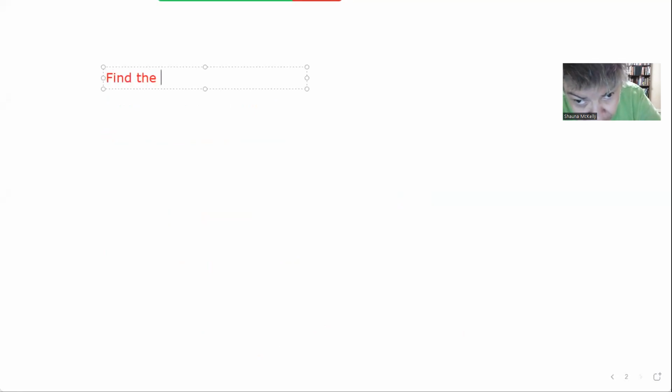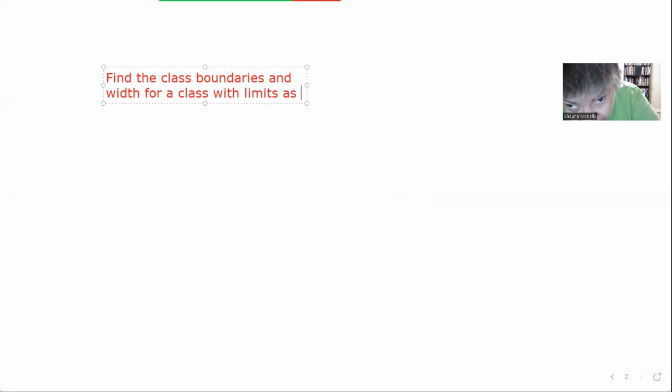Find the class boundaries and the width for a class with limits as below.